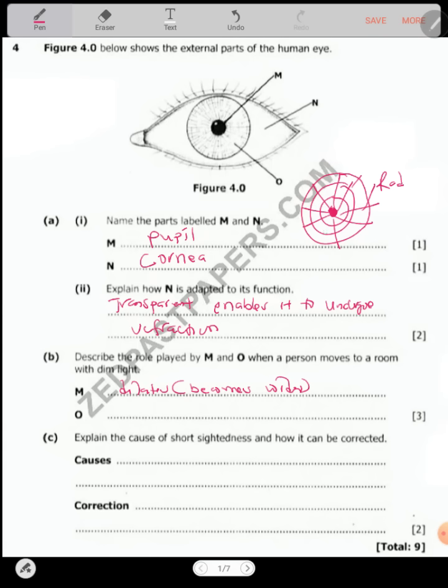The radial muscles of O contract. The circular muscles relax.